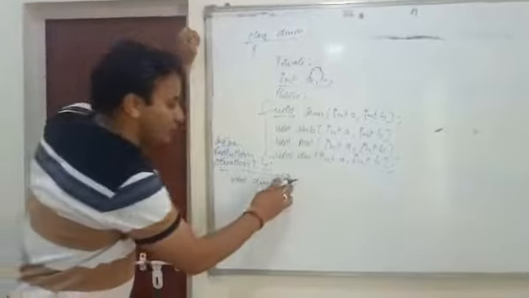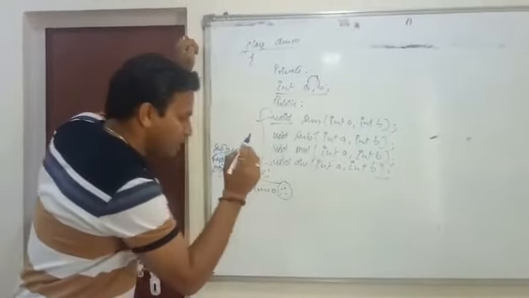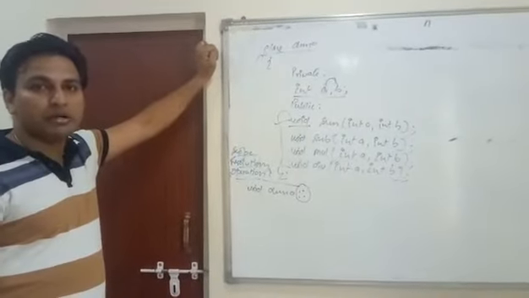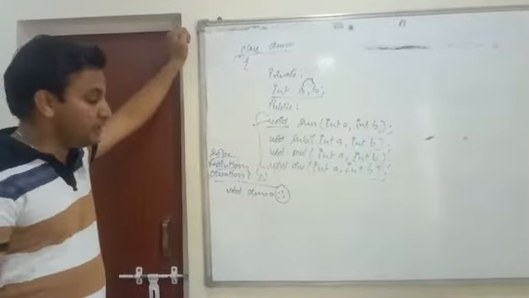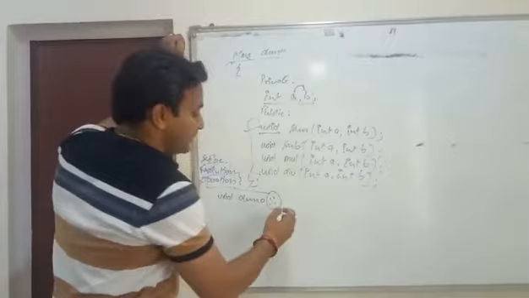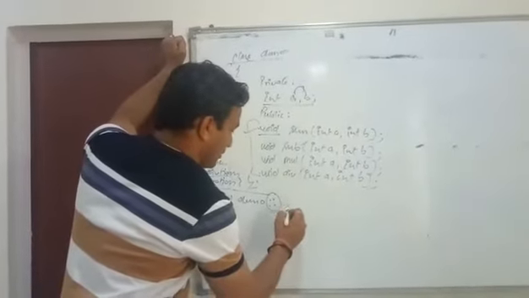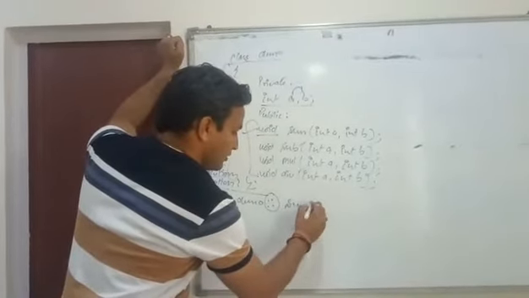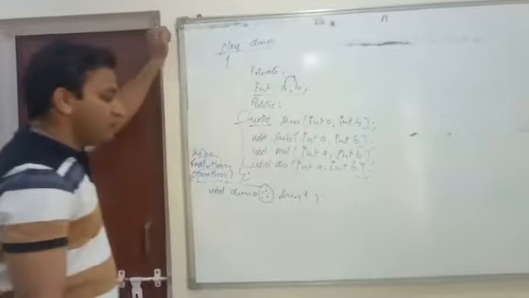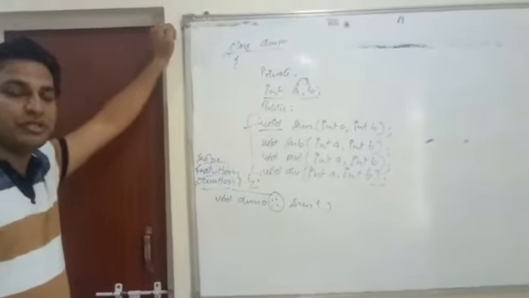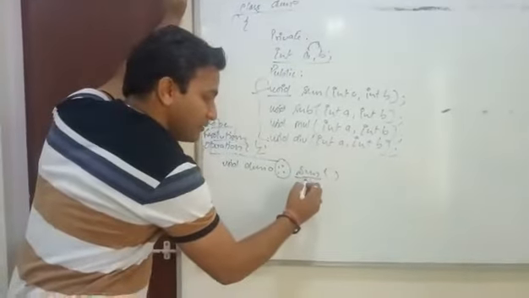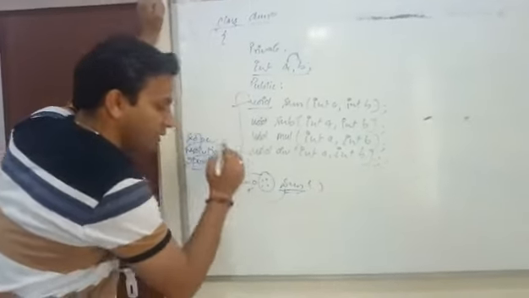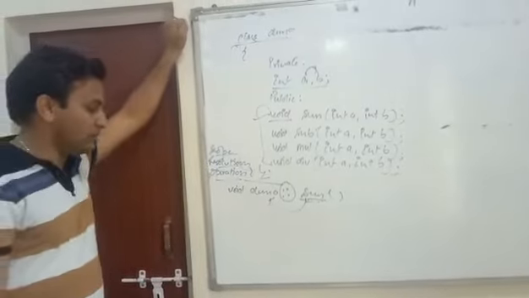This mark stands for the scope resolution operator. The work of this particular operator is to define that this function, void demo scope resolution operator sum, depends on this particular class. Okay.